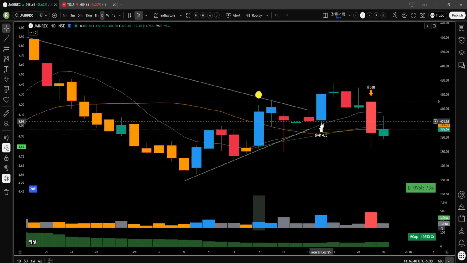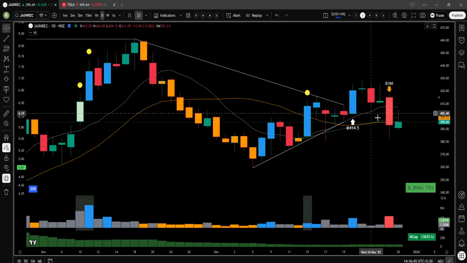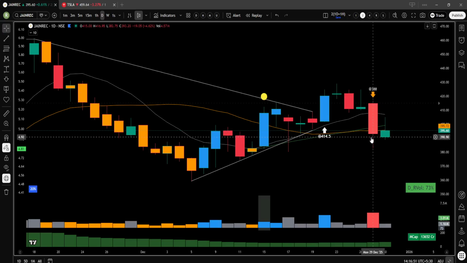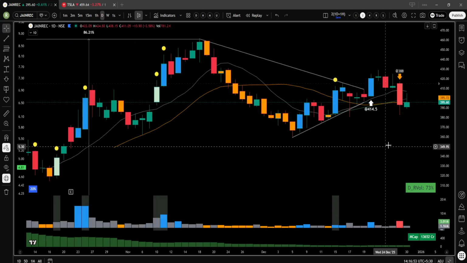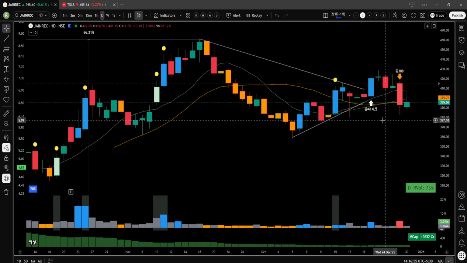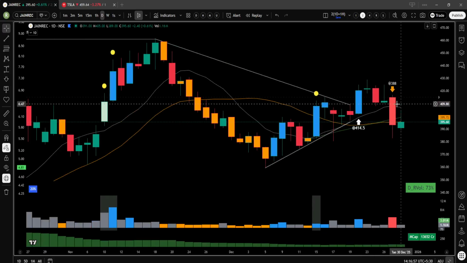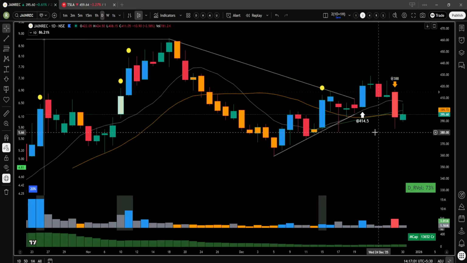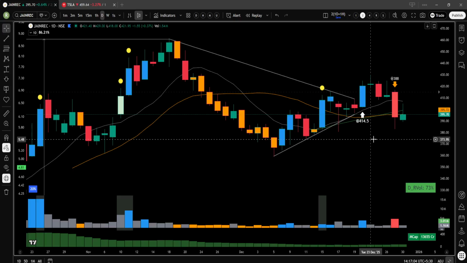My stop was somewhere around here, the 400 level, but because this stock made a massive gap, I exited manually because a GTT stop won't make sure that you get the exit. So this is the problem with GTT.